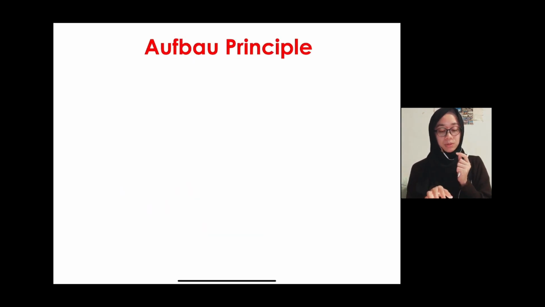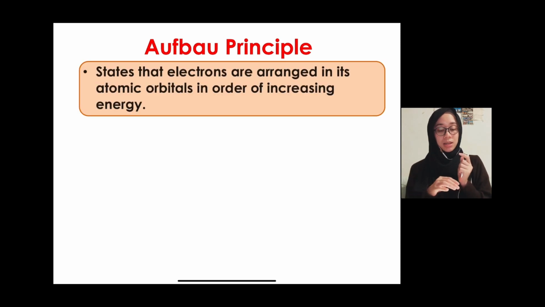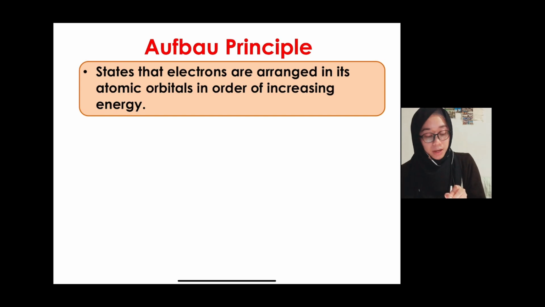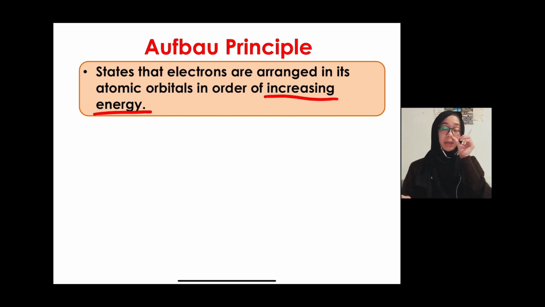Let's first look at the Aufbau principle. The Aufbau principle states that the electrons are arranged in atomic orbitals in order of increasing energy. Meaning we need to fill electrons into the orbital that has the lowest energy first, and then we start to build up later on.